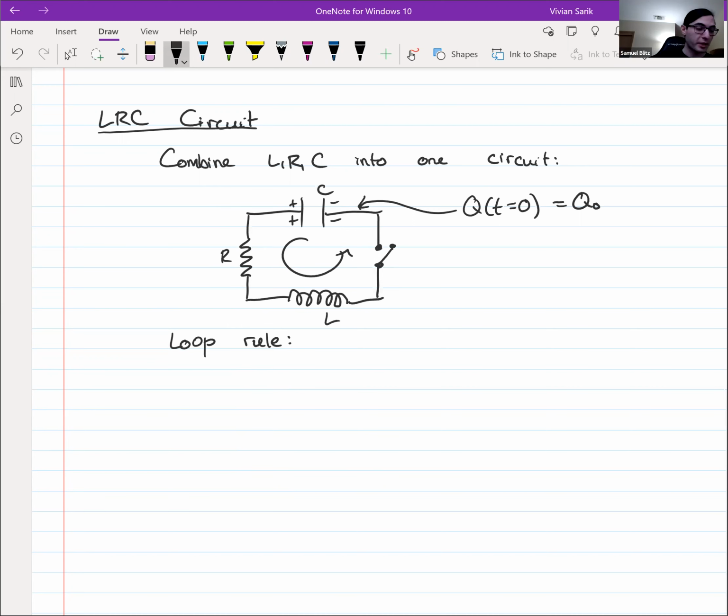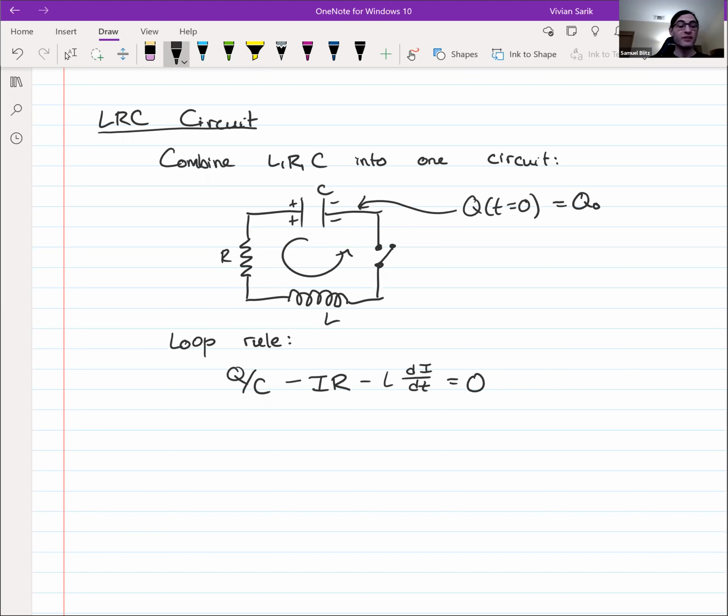Starting off at the capacitor, we get Q over C. Then because the current is flowing down through the resistor and we're passing by the resistor downwards, we get a minus IR. And then for the same reason as before, the inductor tries to prevent the current from increasing from 0 to not 0, so we get plus and minus on those sides of the inductor, at least initially. And so we get a minus L dI/dt equals 0. And that's our Kirchhoff loop rule equation.